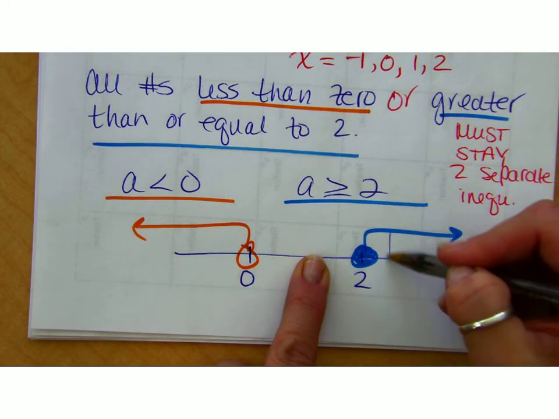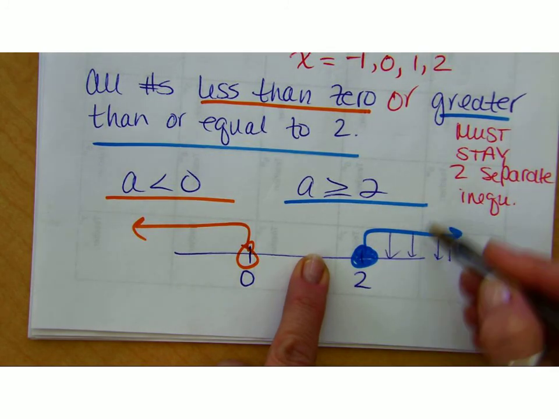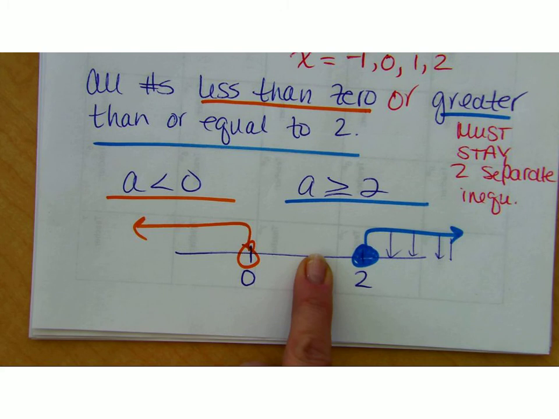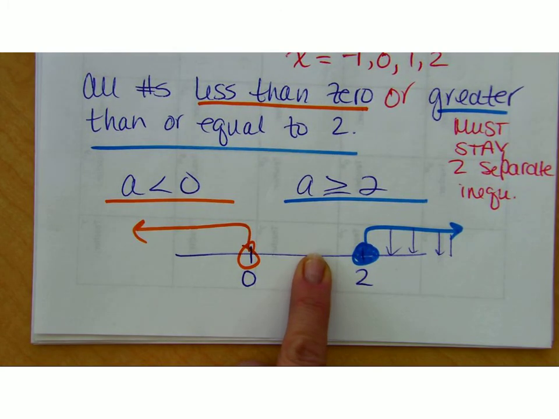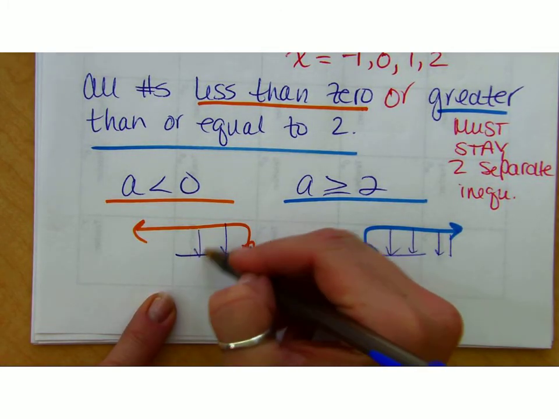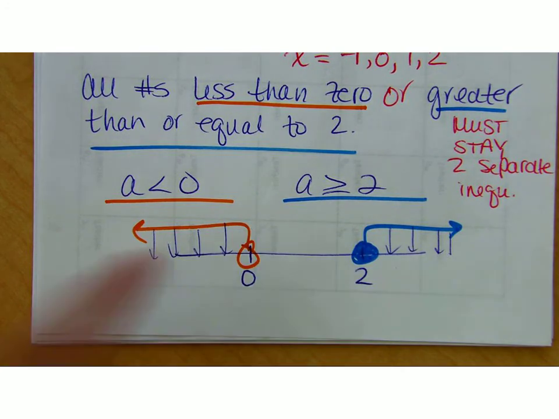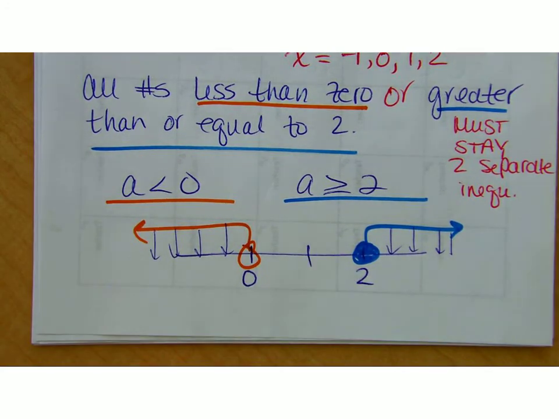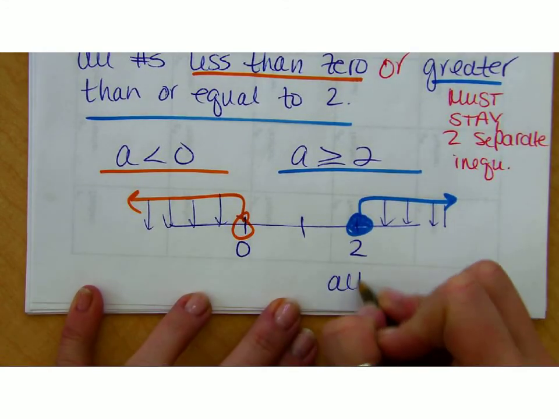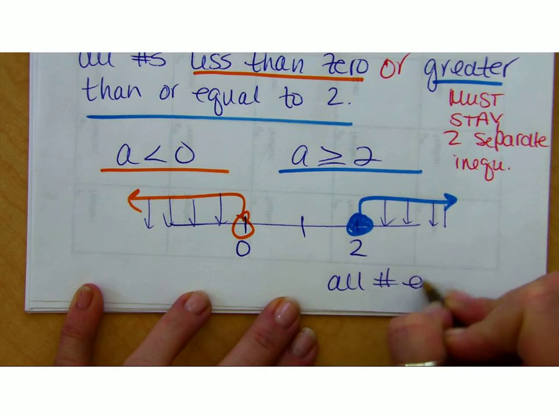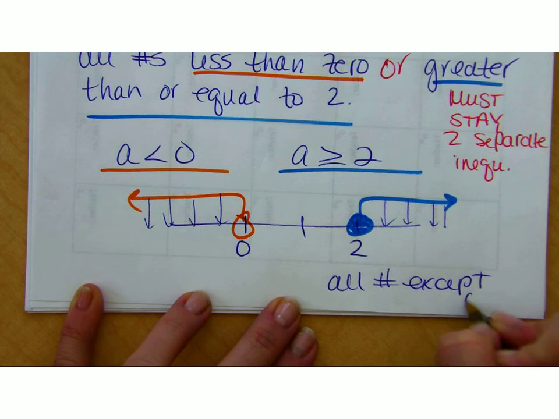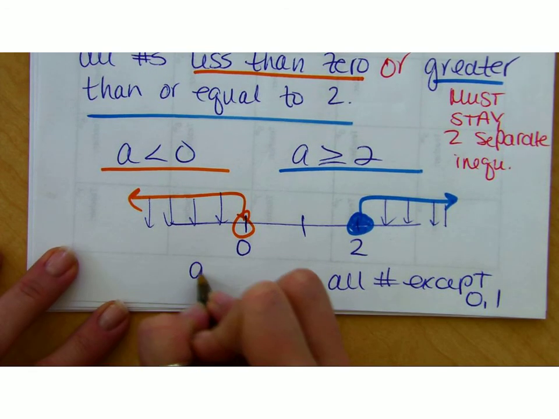All the numbers on the number line under the blue umbrella fit this inequality, so they would work. All the numbers that match up with this orange would fit this. 1 doesn't belong to anything. 0 doesn't belong to anything. So you could say all numbers except 0 and 1, or you could just say x cannot be 0 and 1.